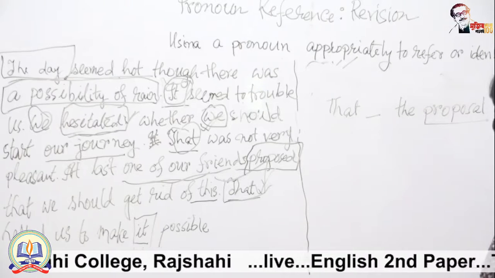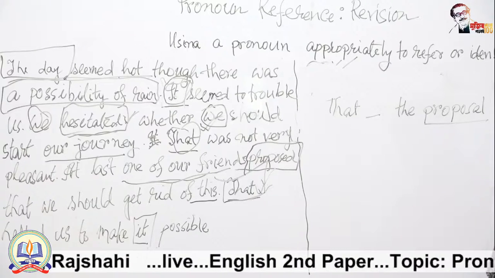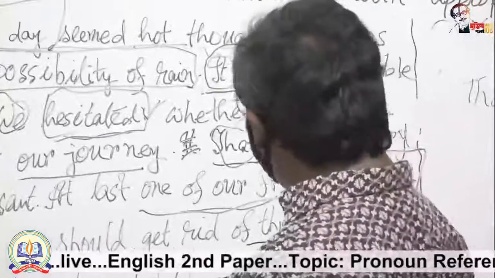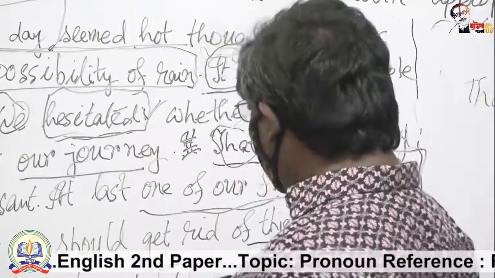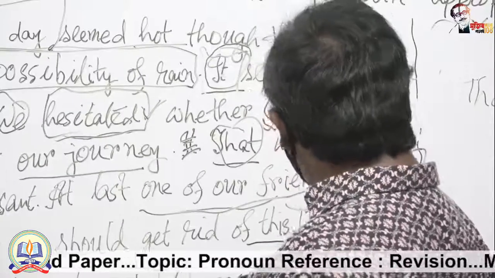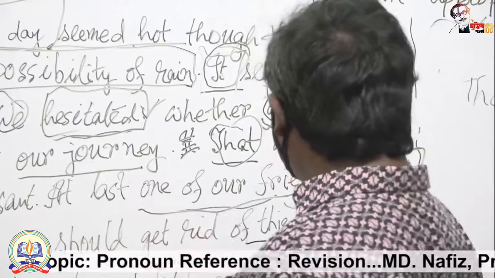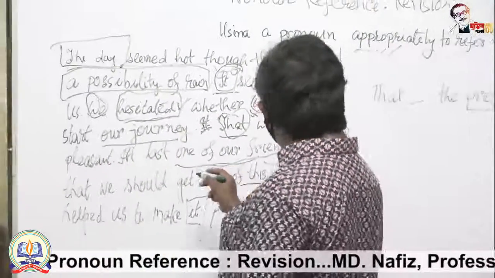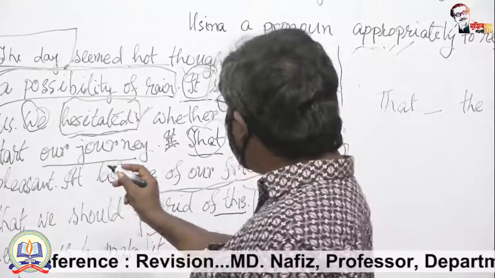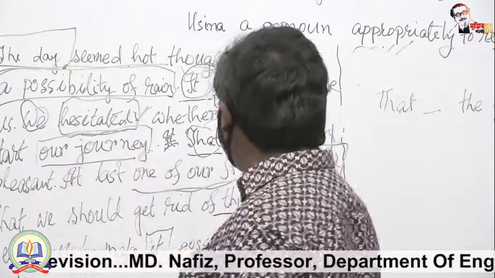Which noun is referred to by this pronoun it? In the previous sentences, we have impersonal nouns such as that helped us know, pleasant, no. At last, our friend's proposal is not suitable or appropriate, and then we get our journey.